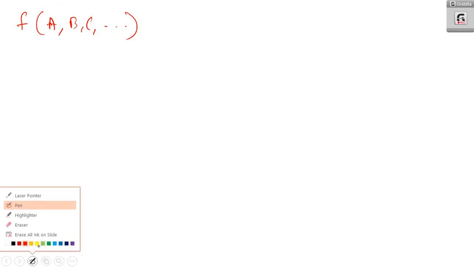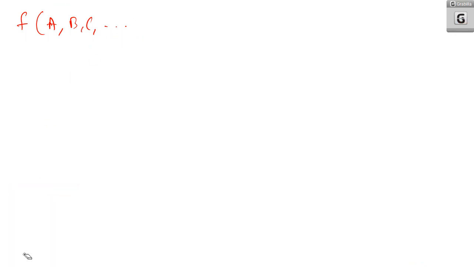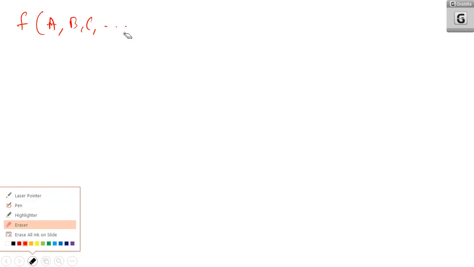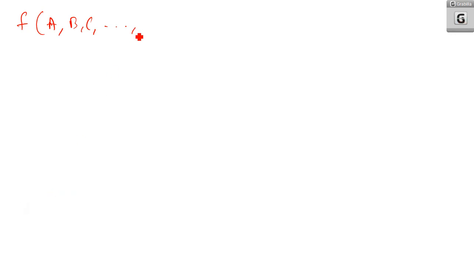So if you have a function of A, B, C, etc. as variables, along with 1 and 0, and let it be a positive number system, then its dual can be found the same way.